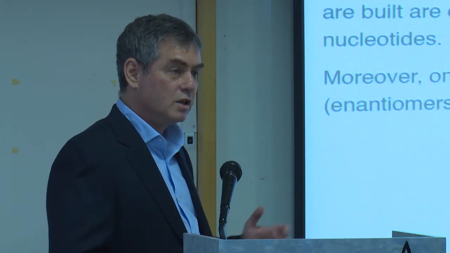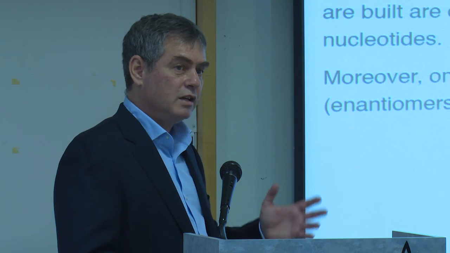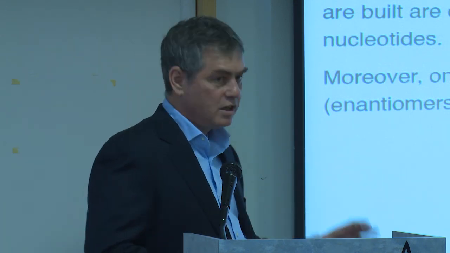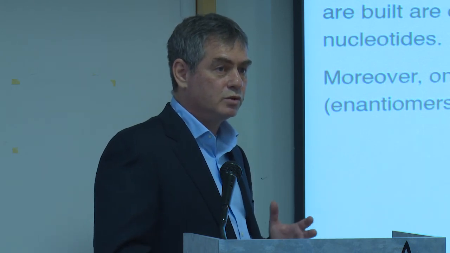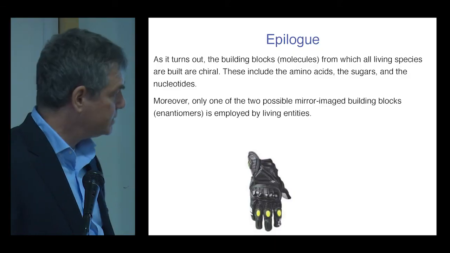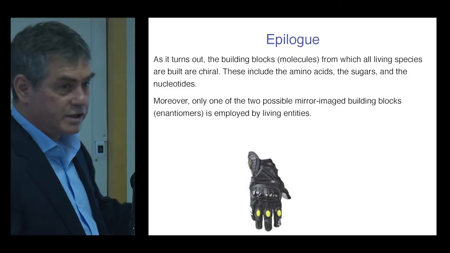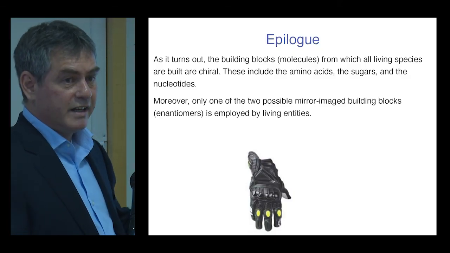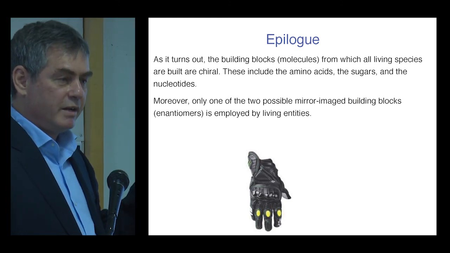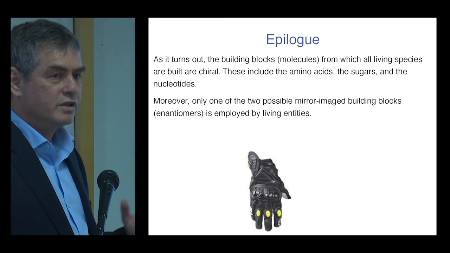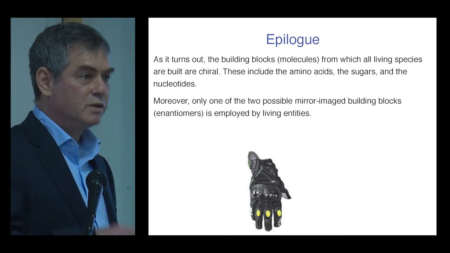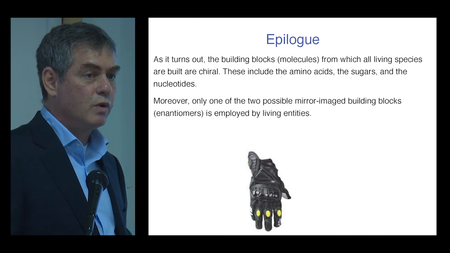All the amino acids are of one type, not a mixture of the two gloves, but only one of them. Nature has chosen to use only one for clear evolutionary reasons. In the original Miller-Urey experiment, in which methane, ammonia, hydrogen and water were combined, both species were formed. But when evolution occurred, it relied on only one of those possibilities.